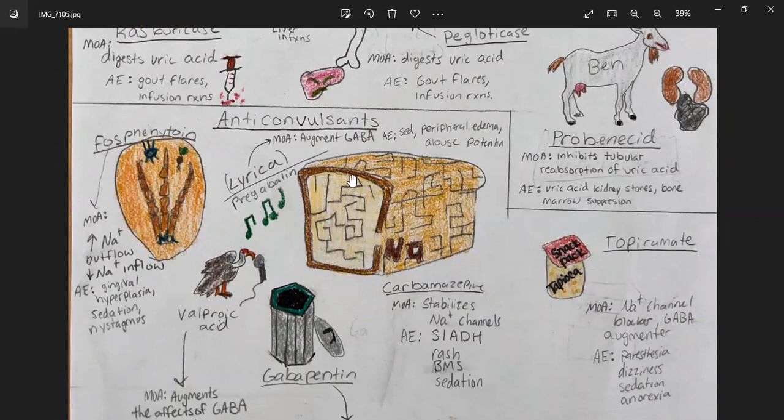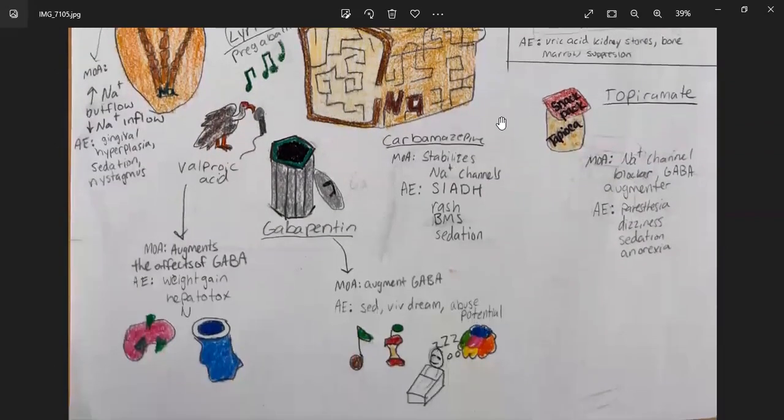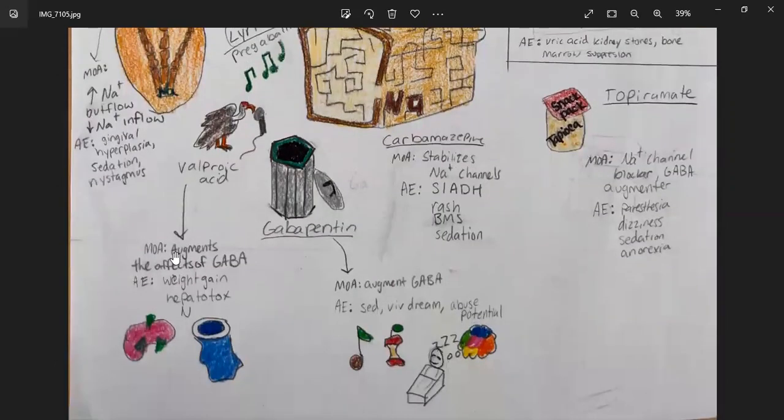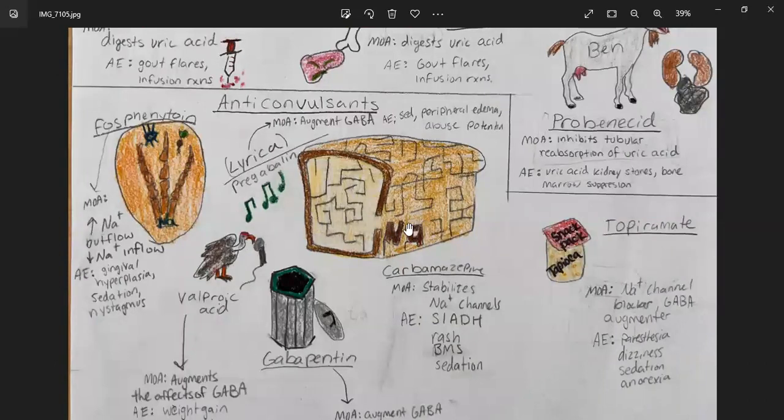Bread is carbs, carb maze for carbamazepine. So the vulture and the Lyrica and the gabapentin, they all augment GABA. Remember, garbage, GABA. And then the carbamazepine stabilizes sodium channels. That's why there's a big sodium right here.